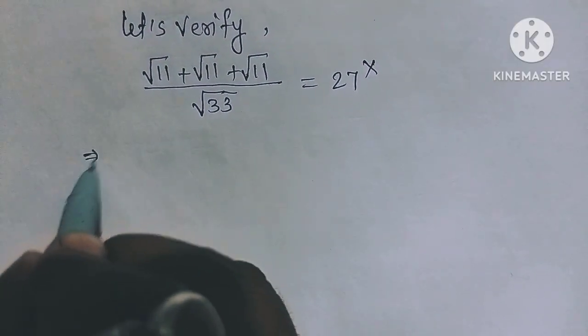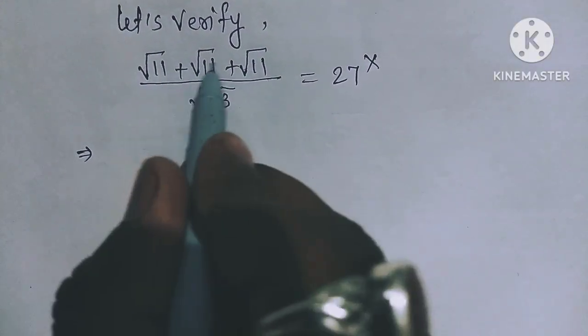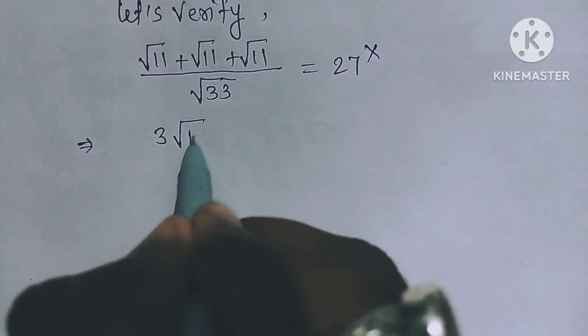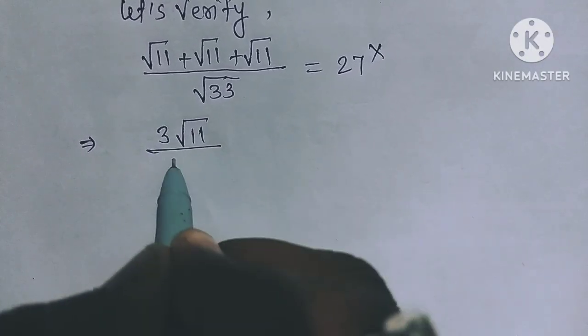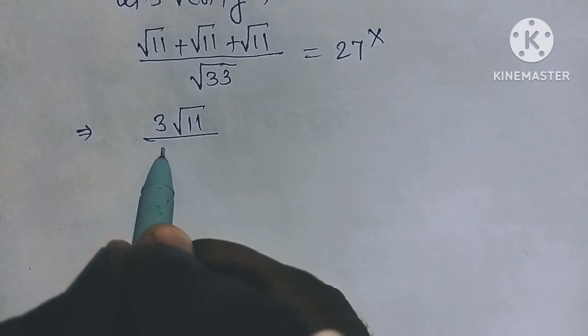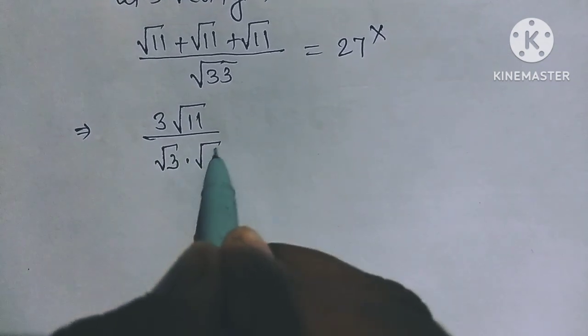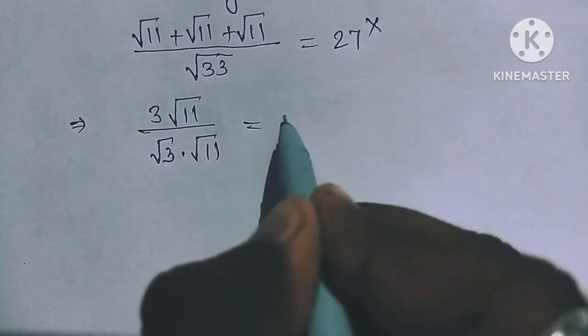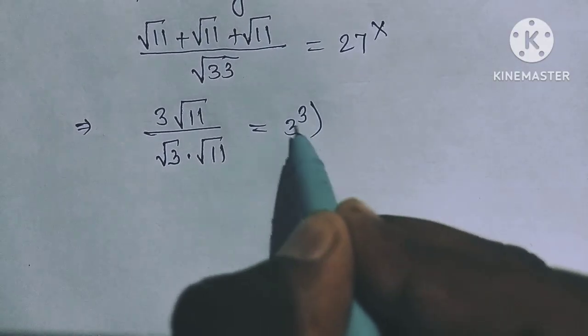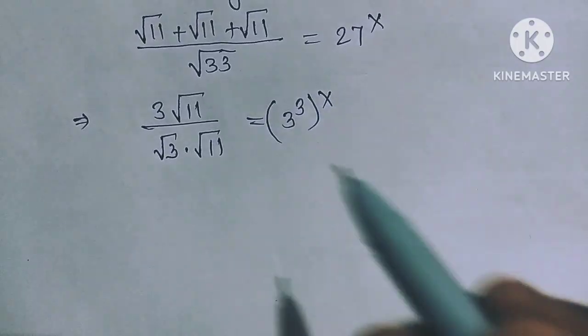Now under root 11 plus under root 11, 3 times, so do the addition: 3 under root 11 divided by, here we can write 33 as under root 3 into under root 11, equal to 3 raised to the power 3 raised to the power x.